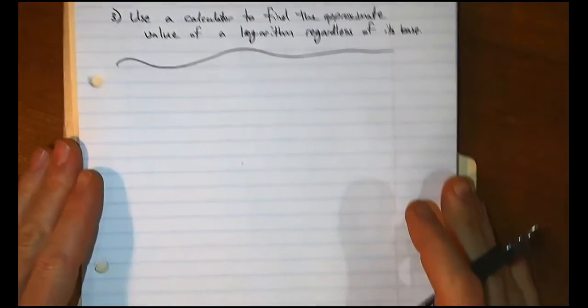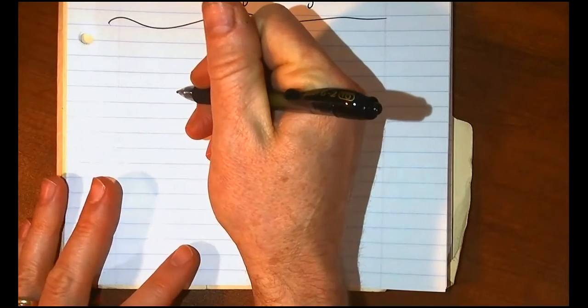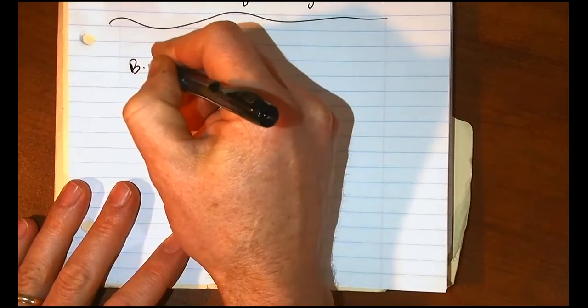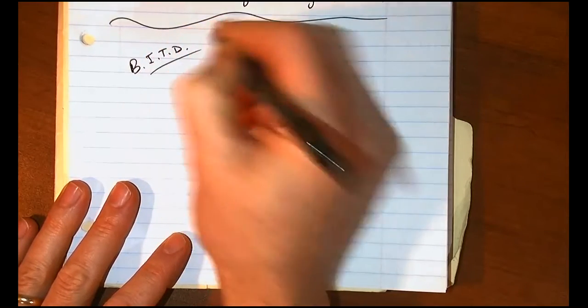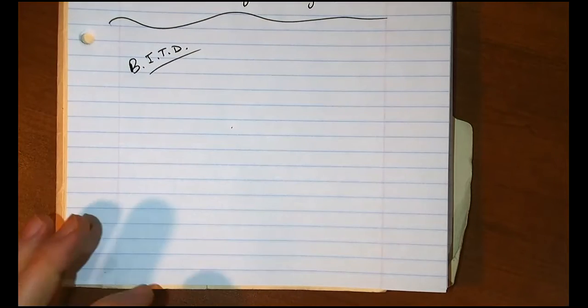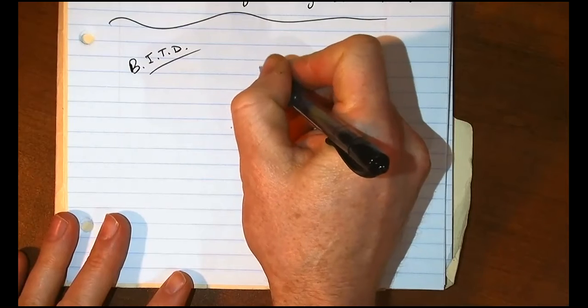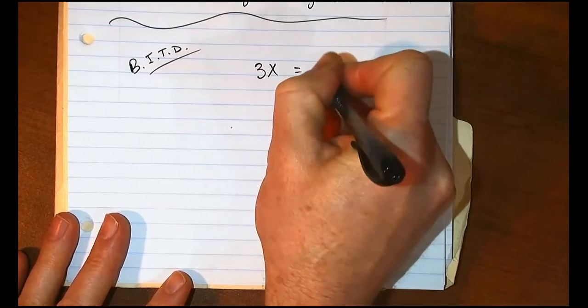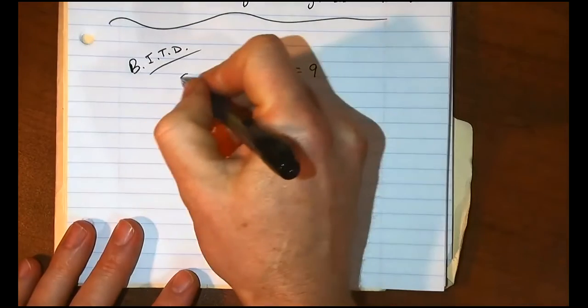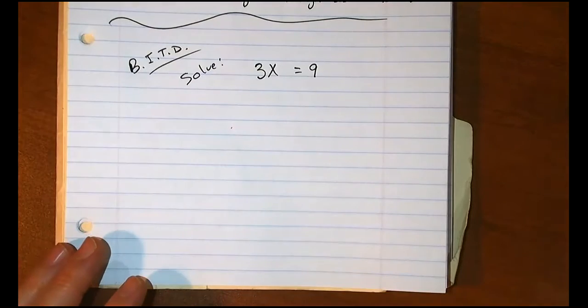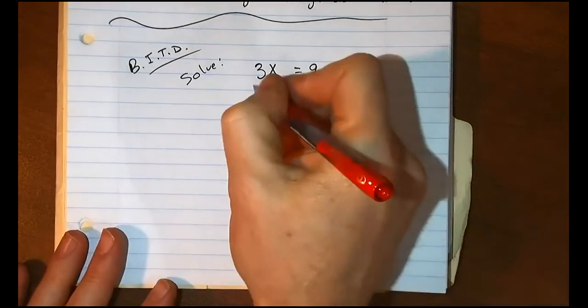As I typically do when we're working with inverses at this higher level, like we are in Algebra 2 class, I want to start by looking at inverses as we've learned them before, back in middle school. This is just a quick reminder of ways that we worked with inverses. For example, if you had a problem like 3 times x equals 9, and you had to solve that equation for x, back in the day, you would have said, I'm going to divide both sides by 3.